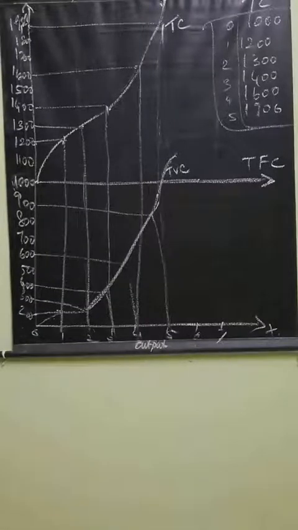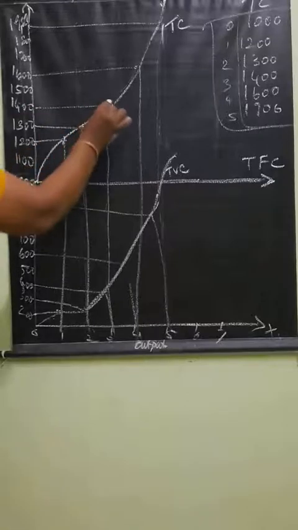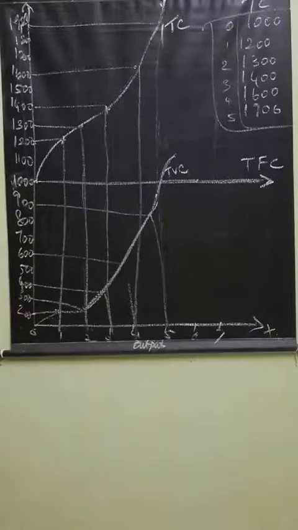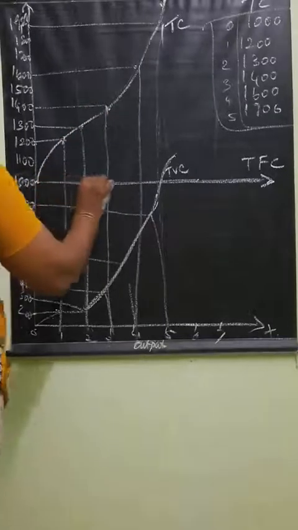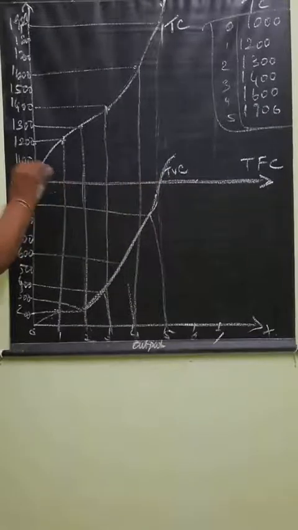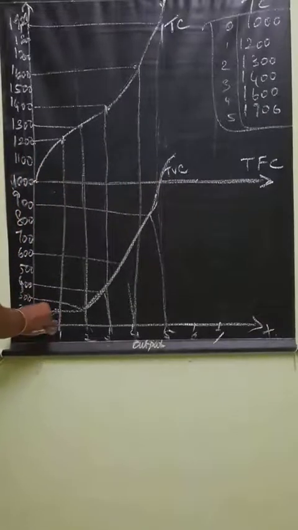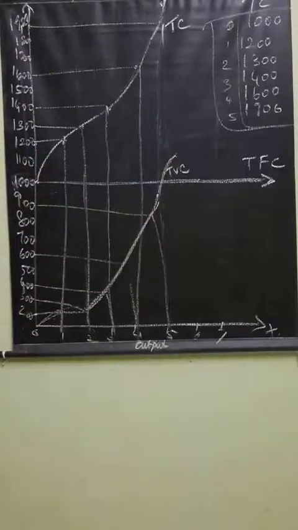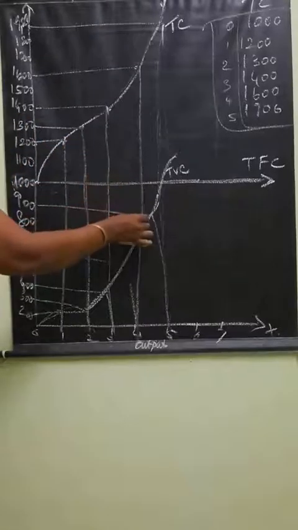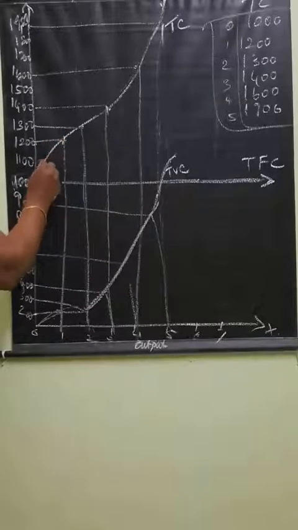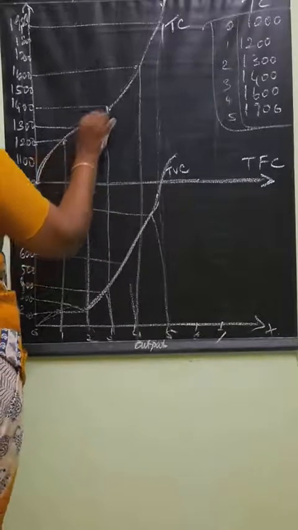So the TC curve is obtained by adding total fixed cost and the total variable cost. The TFC curve remains parallel to the x-axis. It is a straight line. But the TVC curve starts from the origin and moves upwards. So when you add TFC and TVC, you will get the TC curve starting from the TFC, moving upward, isn't it?